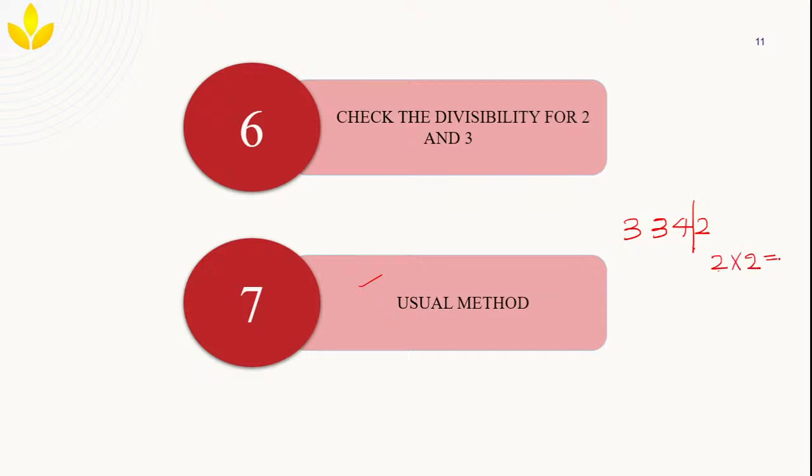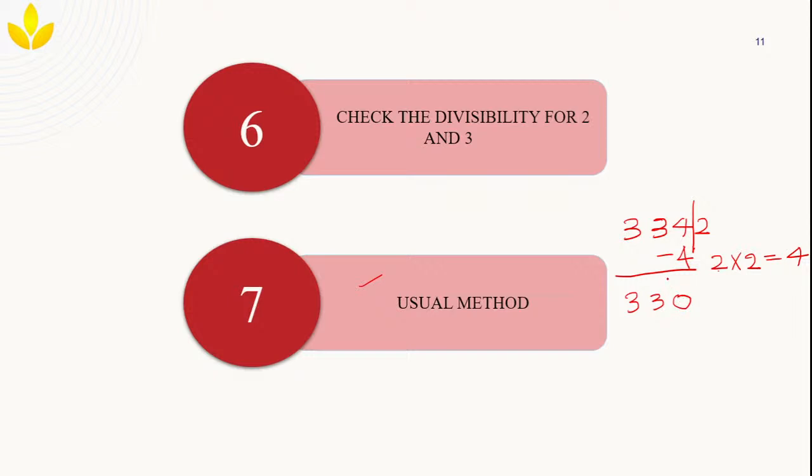What is the answer? 2 2s are 4. Now subtract this 4 from the remaining digits. So 334 minus 4 is how much? 330.